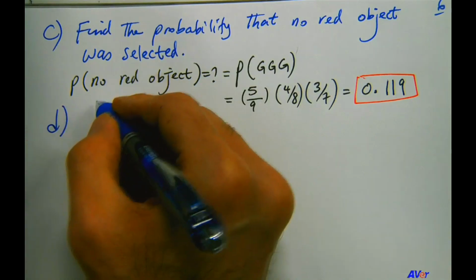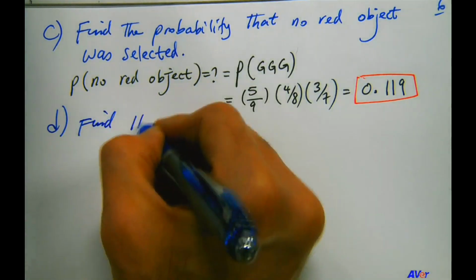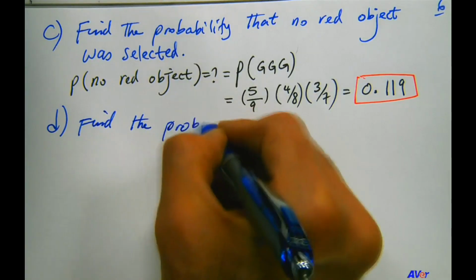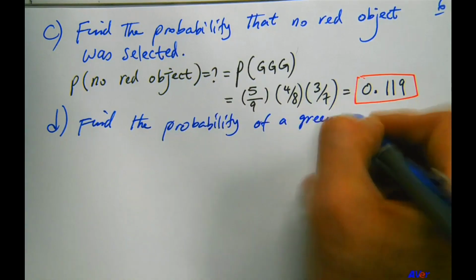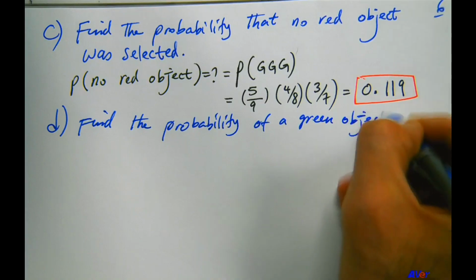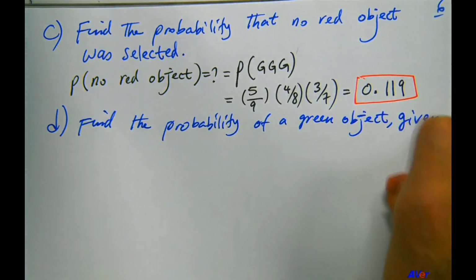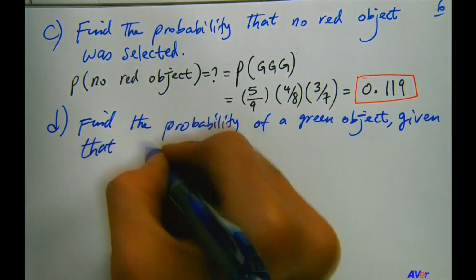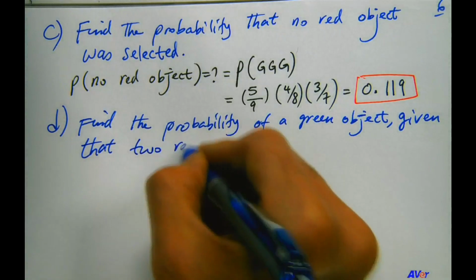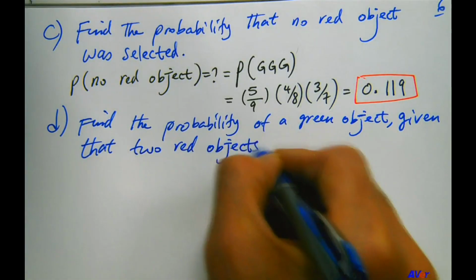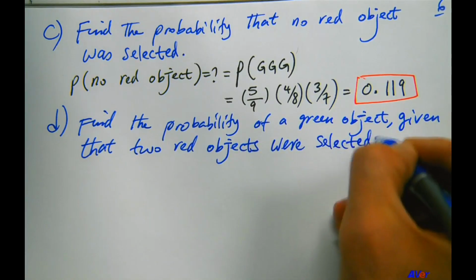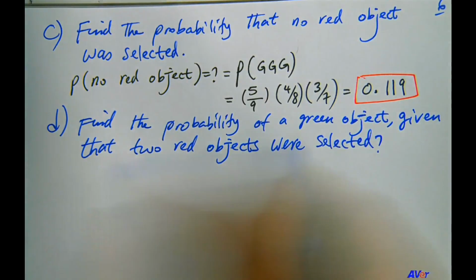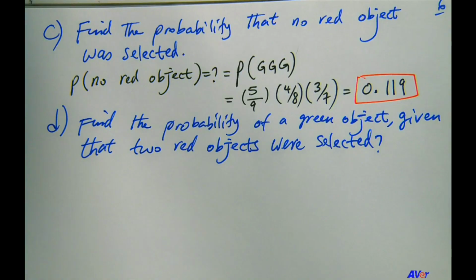Part D, we want to find the probability of a green object given that 2 red objects were selected. Do you remember this?